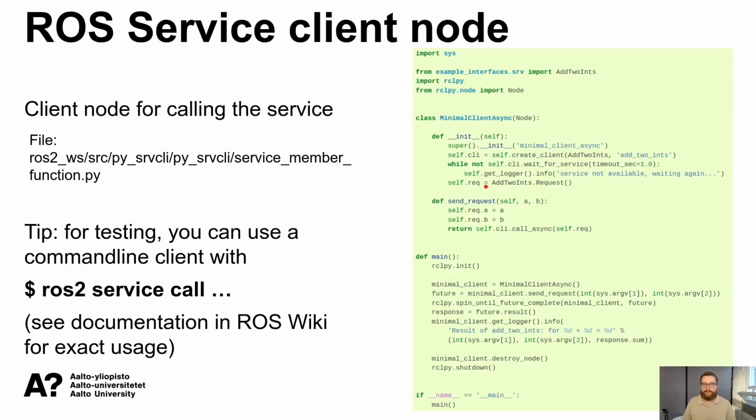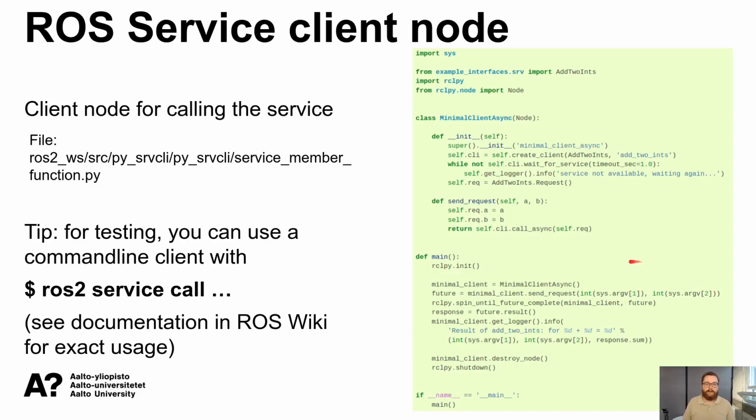And here we are creating the request variable. And in order to send a request, we simply populate the data fields of that request variable with the provided data. And then we use this command to call the service with this request. There's a bit more going on here in the actual main executable of the implementation.